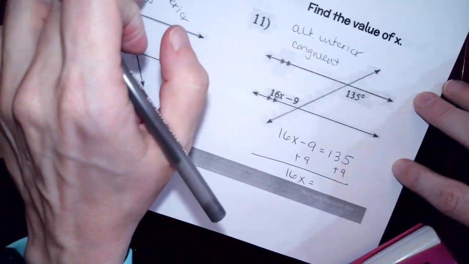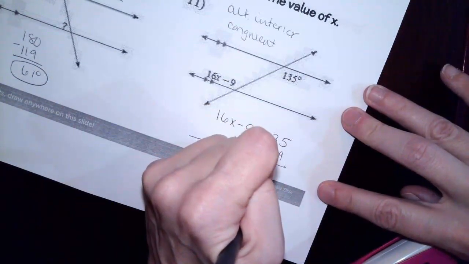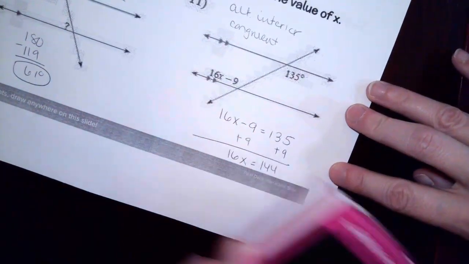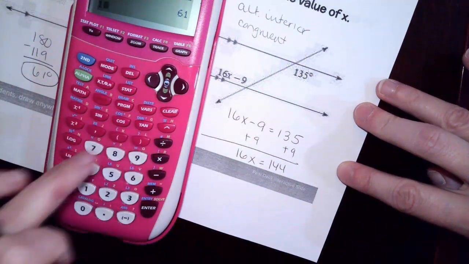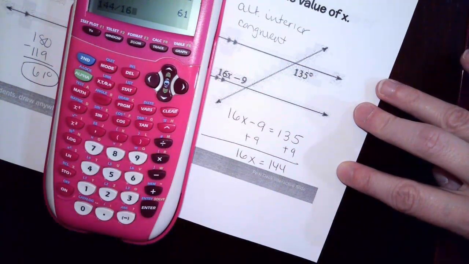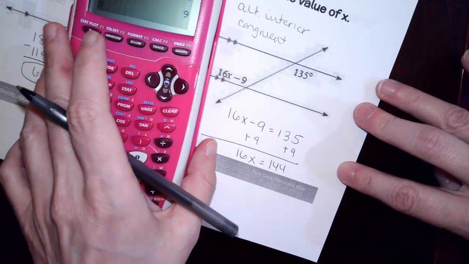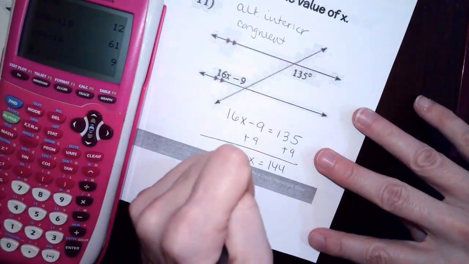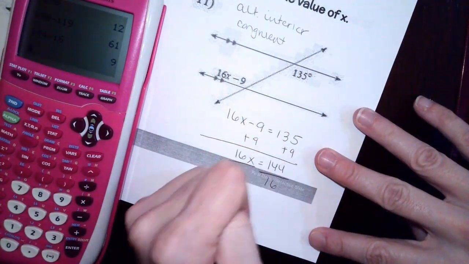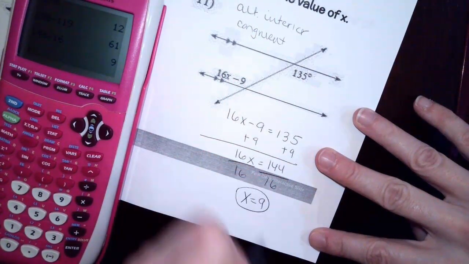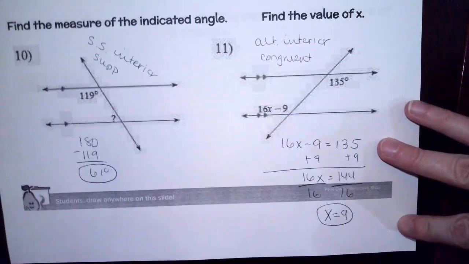Either the angles are supplementary to each other or they're congruent to each other. So that'll leave us with 144 divided by 16. Should get 9. There we go.